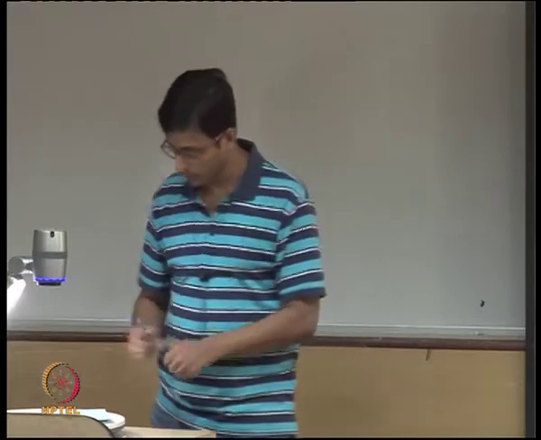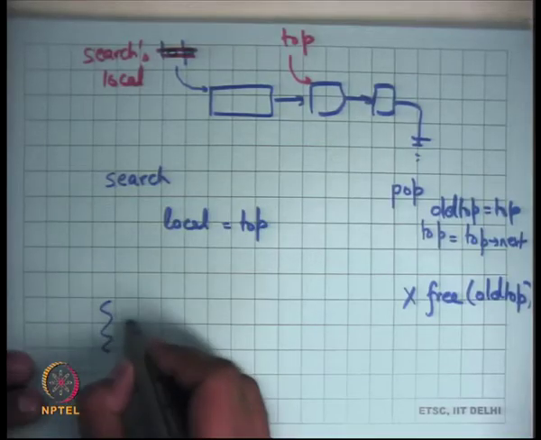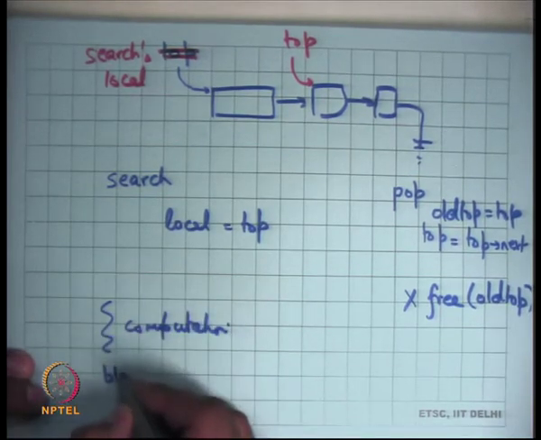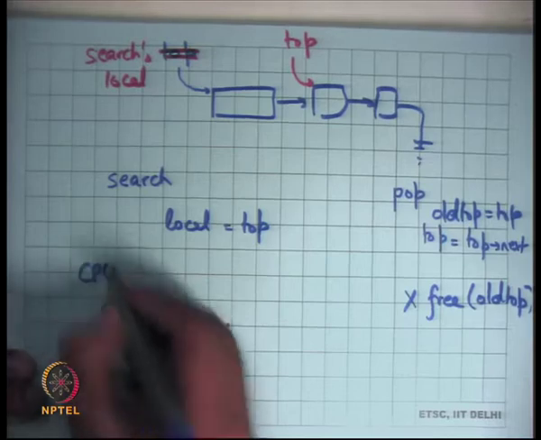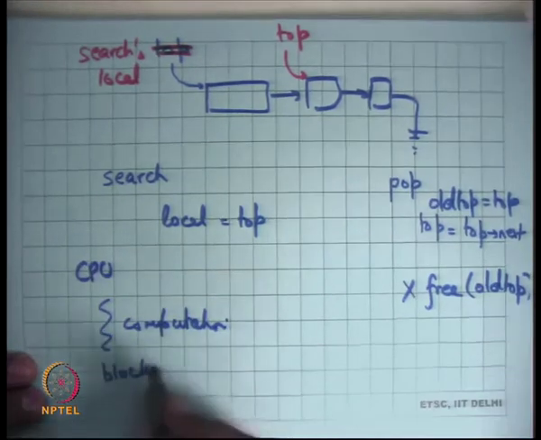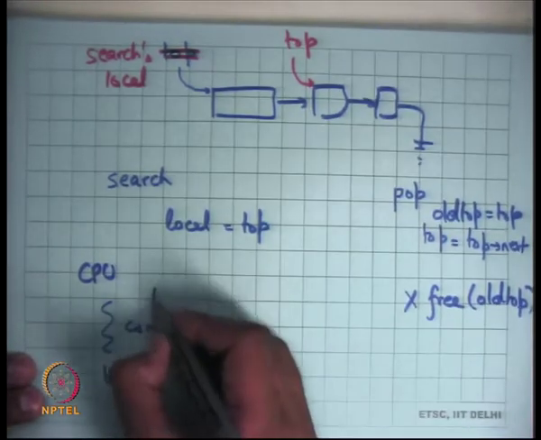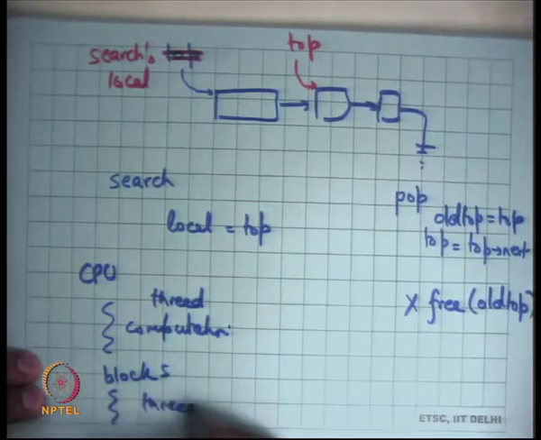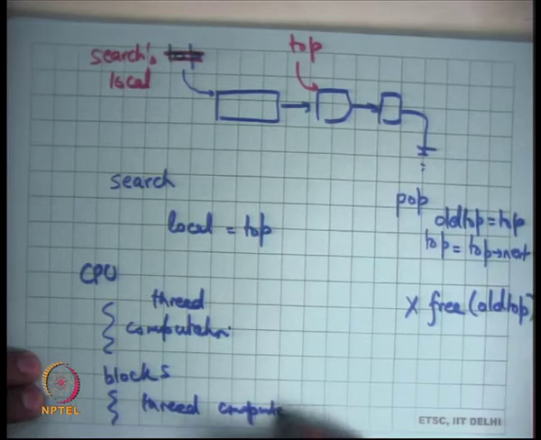So what happens is it does some computation and then blocks. If I look at every CPU, it runs some thread, then blocks. That's a thread computation, blocks, thread computation, blocks.